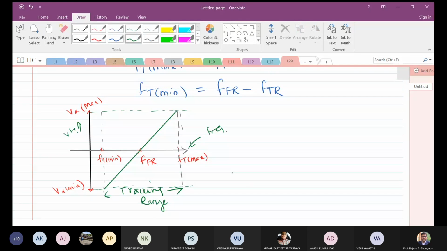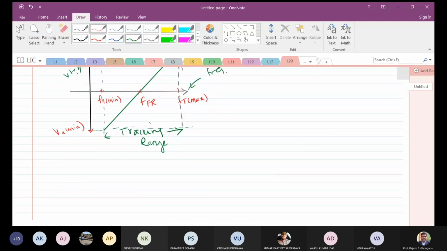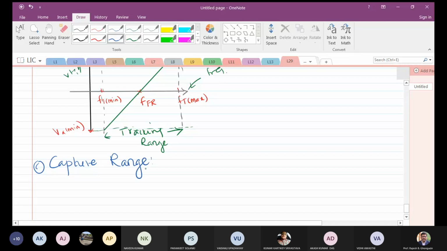Another important performance parameter for the PLL is the capture range. Now, if Fi is equal to Ft max, that is, if Fi is equal to Ft max, we expect that the phase lock should occur, isn't it?